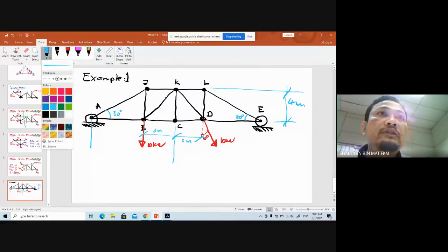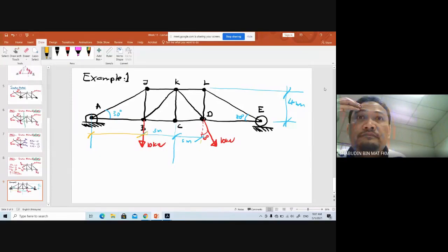Some students already panic in the examination because no distance is given there. Can you get it for me? You know this one is 4, this one is 30 degrees. Can you tell me what is the distance AB?